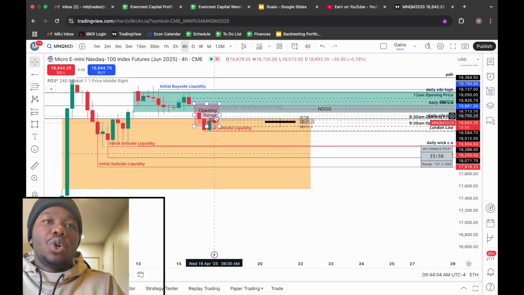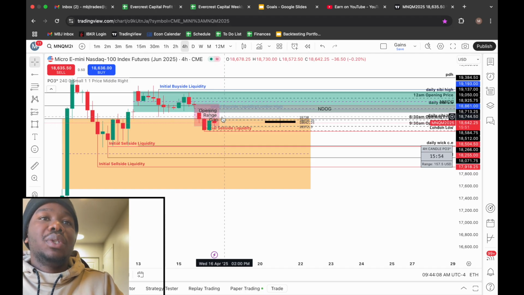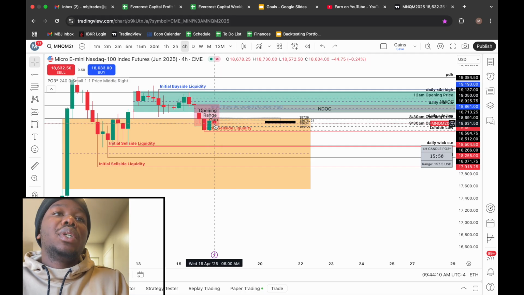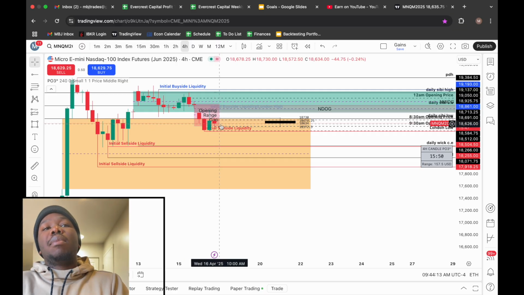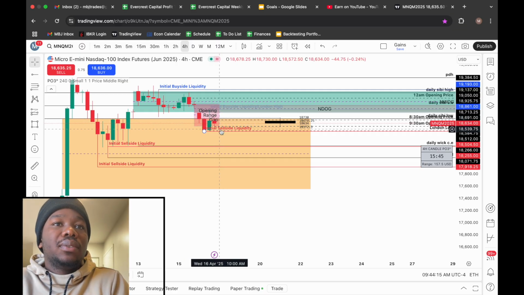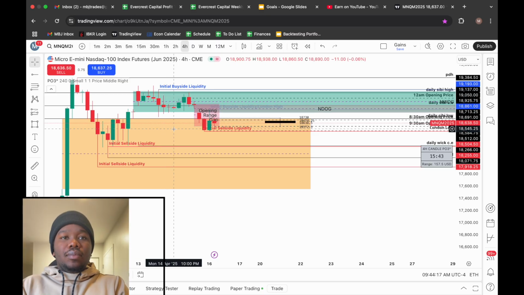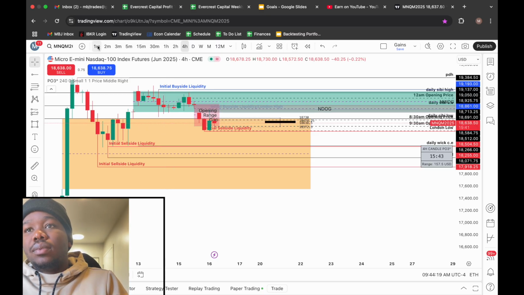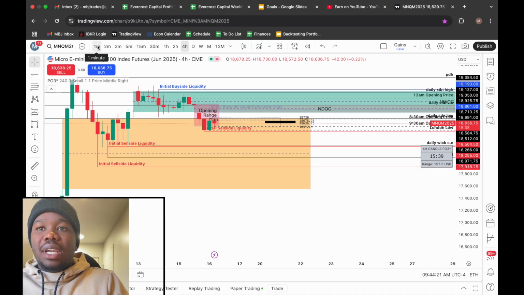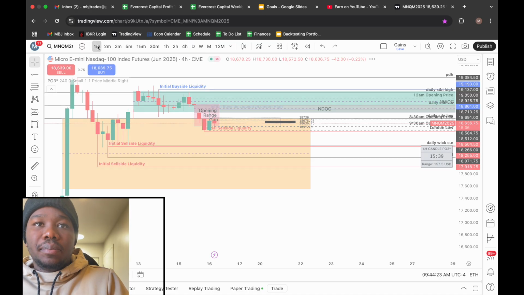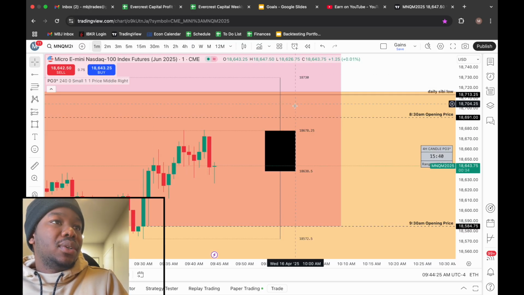Or if this has a strong bearish close, and then the next candle comes up a bit and then drops, then we know, okay, we're probably going to go lower today. My bias is bearish at this point, so my bias is bearish, and you know what, I'm just going to mark it out.